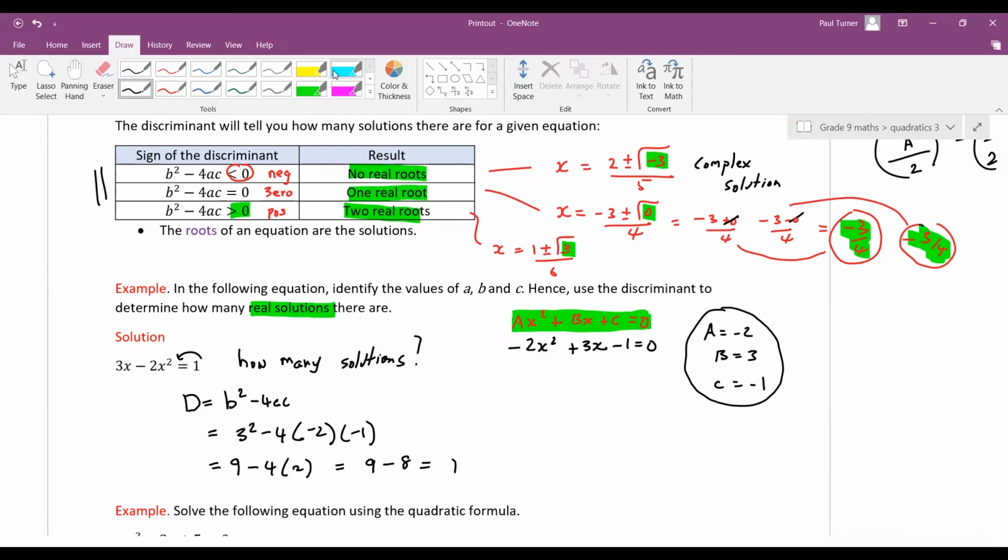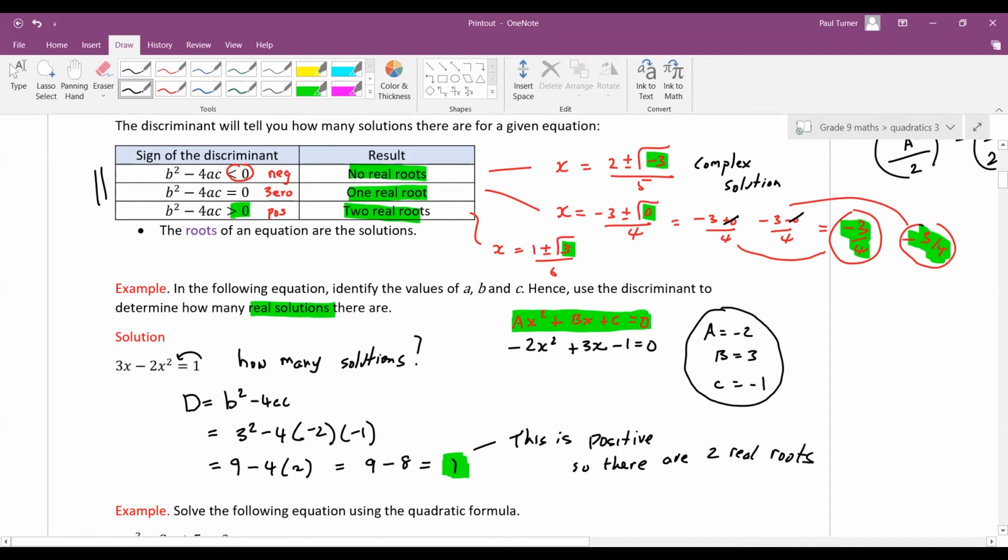And 1 is positive, right? I don't care whether it's 1 or 500, it's positive. The main thing is the sign. So the discriminant is positive, so there are 2 real roots.